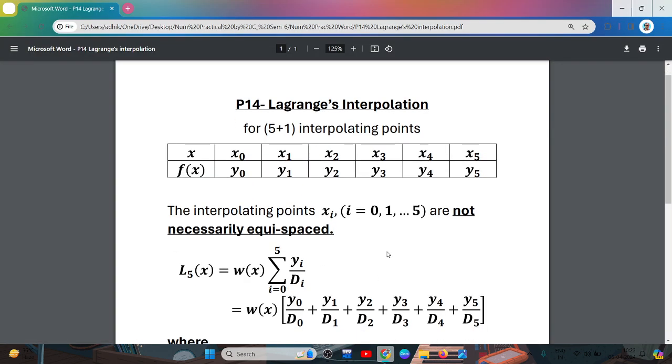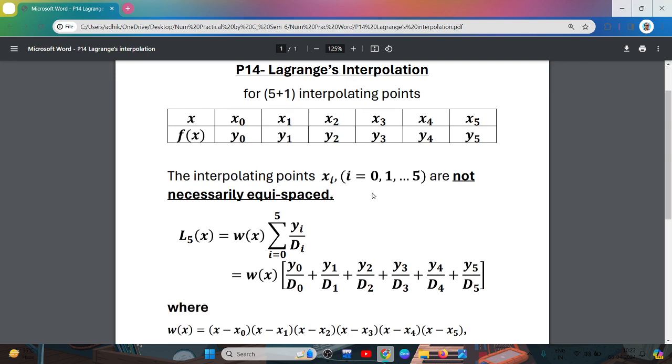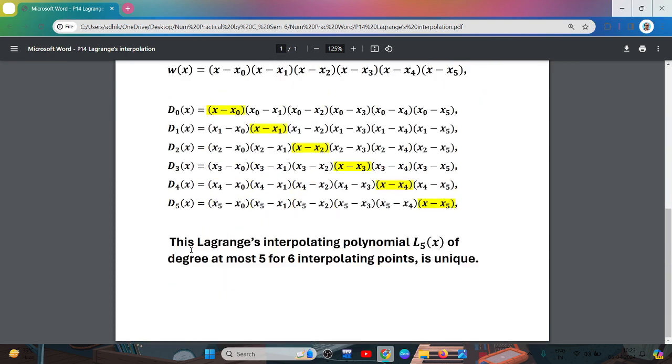This is the Lagrange's interpolation scheme for 5 plus 1 interpolating points according to our given problem. Here x0, x1, x2, x3, x4, x5 are 6 points, and the interpolating points xi are not necessarily equispaced for Lagrange's interpolation. The formula is L5(x).